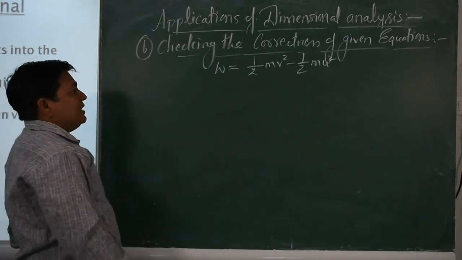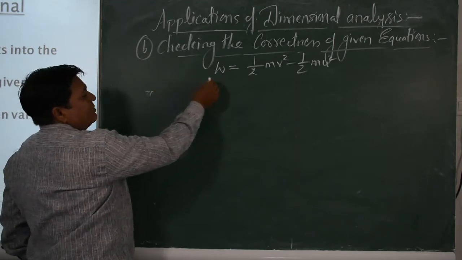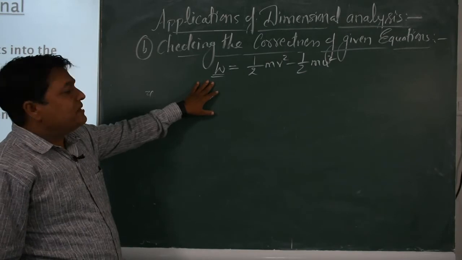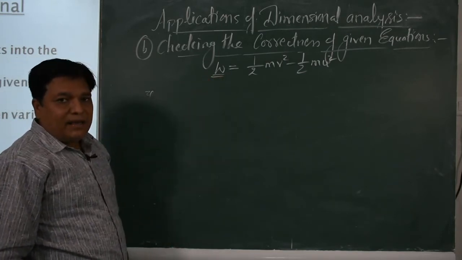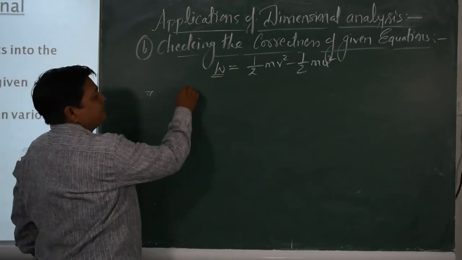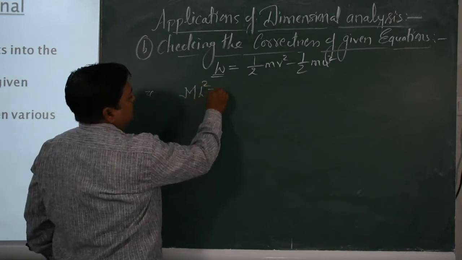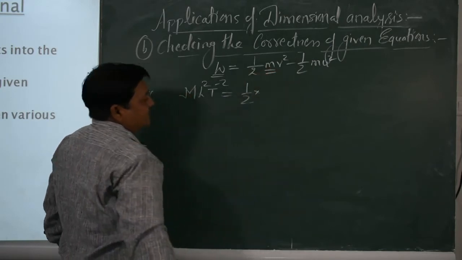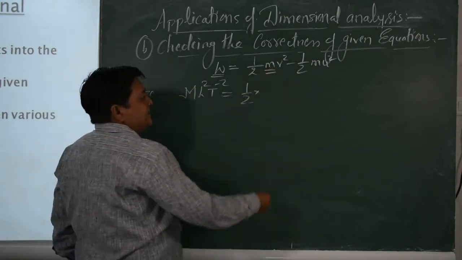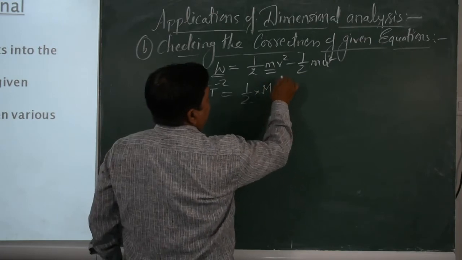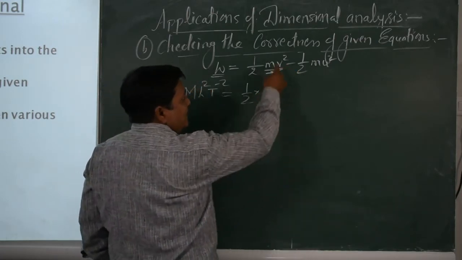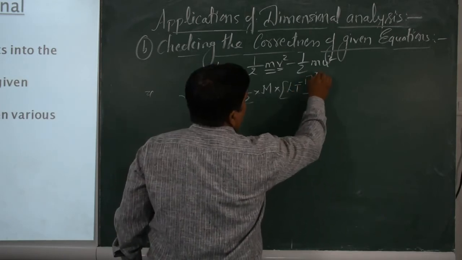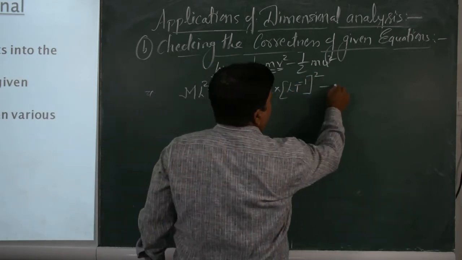Okay, so now we'll go through one by one. What is the dimensional formula of work? The dimensional formula of work, we know, is ML square T to the power minus 2. Half, for mass, the dimension of mass is M. For velocity, the final velocity, so velocity is L T to the power minus 1, to the whole power 2, minus 1 by 2.